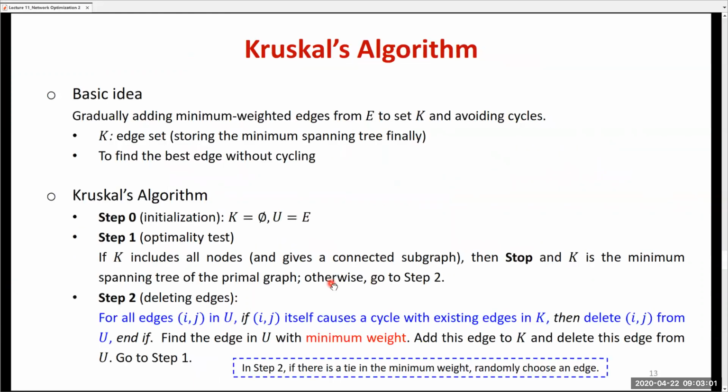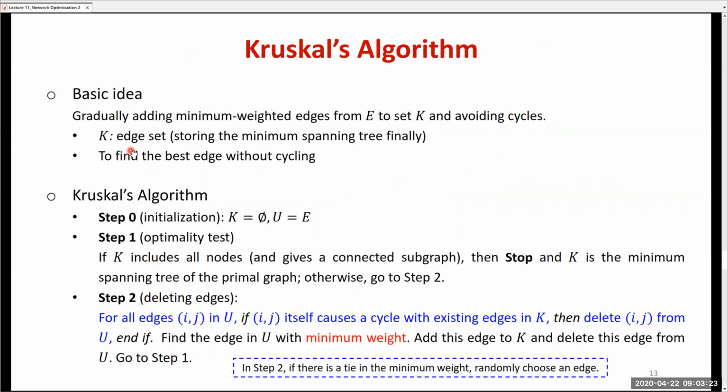So in today's lecture, first, I will introduce another algorithm to also find the minimum spanning tree. The name is Kruskal's algorithm. The basic idea is that we gradually add minimum weight edges from E to the set K, avoiding cycles.